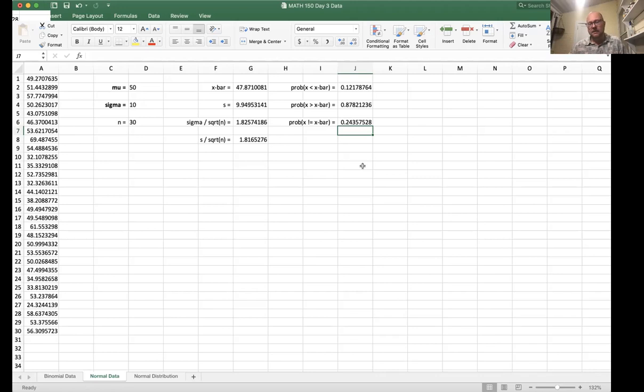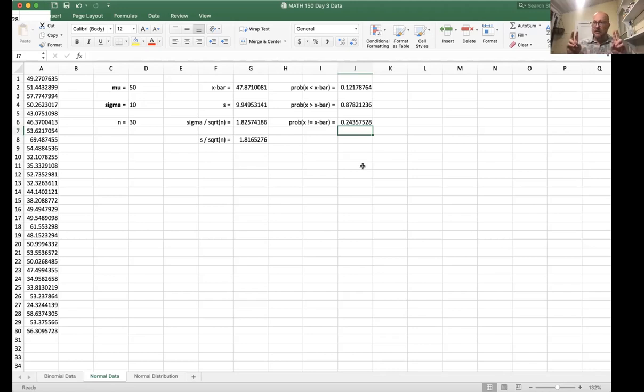After you multiply the minimum by 2, you might end up with something that was less than 5%, in which case you would say, I think that the distribution I got ends up being different from having a mu of 50 and a sigma of 10.